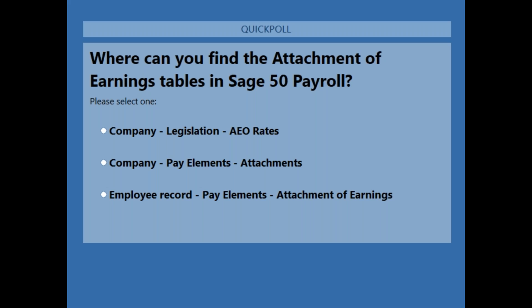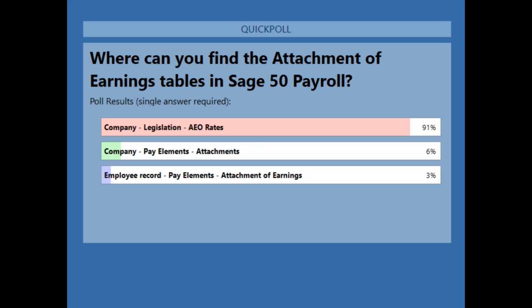So we leave this up for about a minute, giving you a chance to cast a vote if you wish to. And as we've had about 70% of the votes in, I will close that down and we'll see if you got it right. So results incoming, and I'm happy to see that 91% have got that one right.